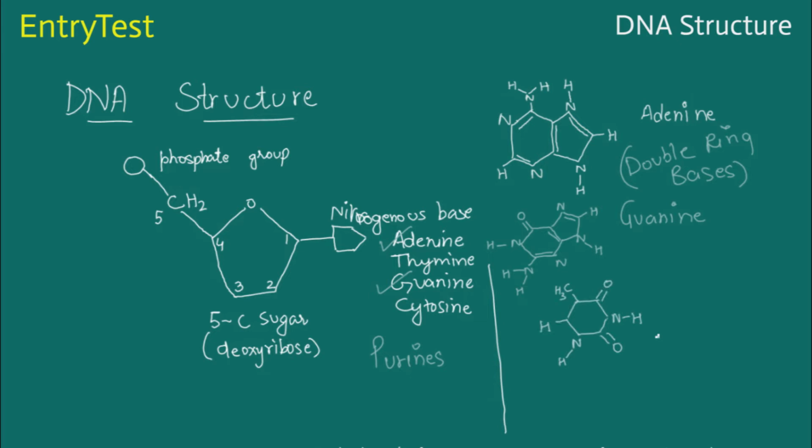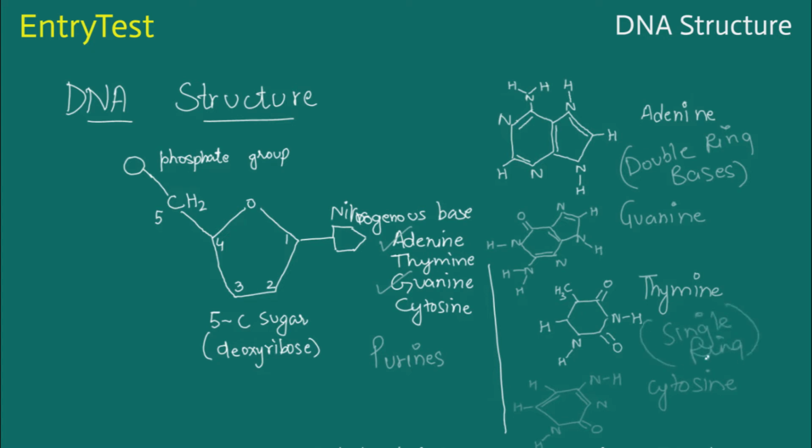The base that you can see in green color, this is thymine. And this base that you can see in the purple color, this is cytosine. Now thymine and cytosine are both single ring bases because they've got just one ring.